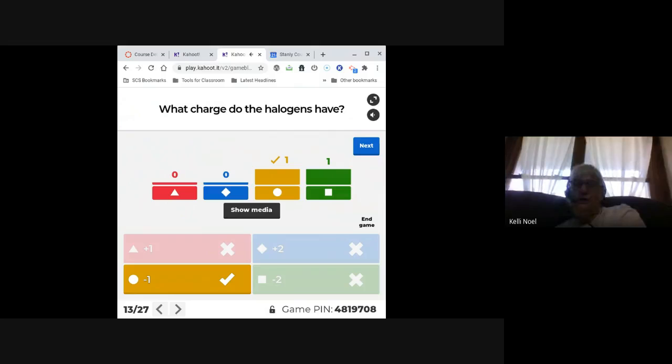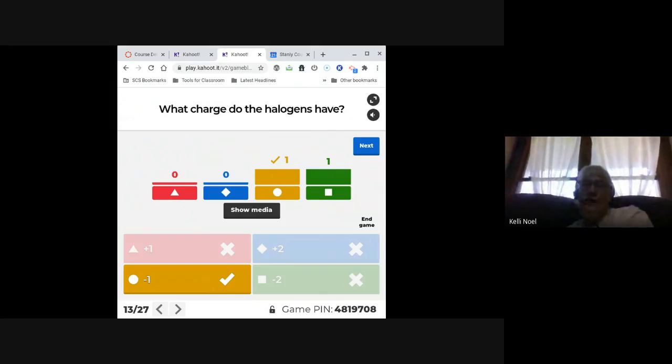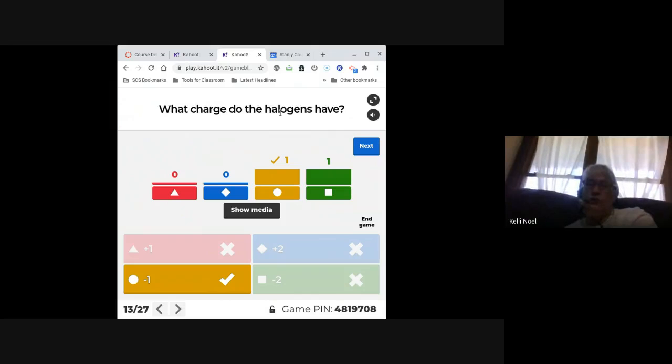It should be -1, because they have 7 valence electrons and they need one more to make it to 8, because 8 is considered full. So halogens are group 7A or 17, 7 valence. They need one more to get to 8, so it's a -1 charge.